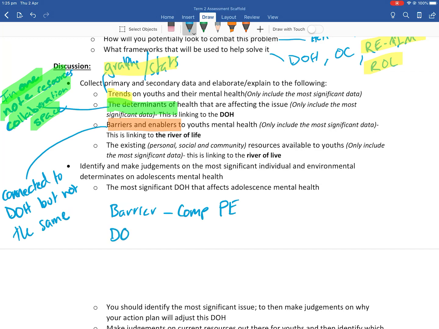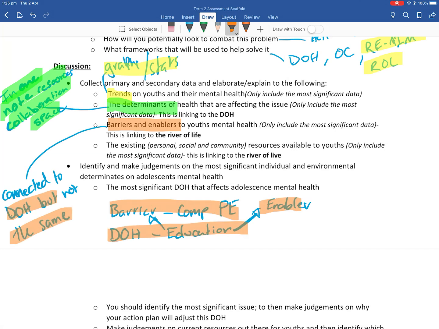Then my determinant of health is education. But I can't say that education is my barrier because that's not elaborated. Education can also be an enabler. So we cannot just state that education is our barrier or enabler. We have to give evidence. Education is the determinant of health that connects to obesity, but the barrier that affects obesity is that compulsory PE is not run at Southport State High.